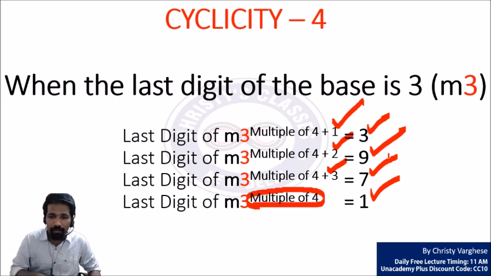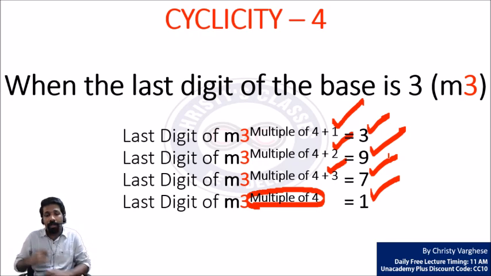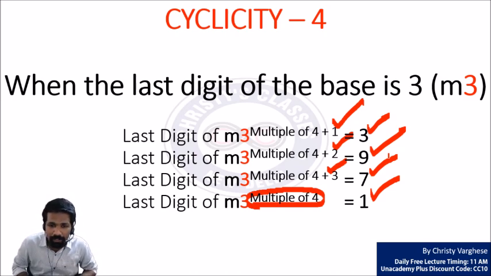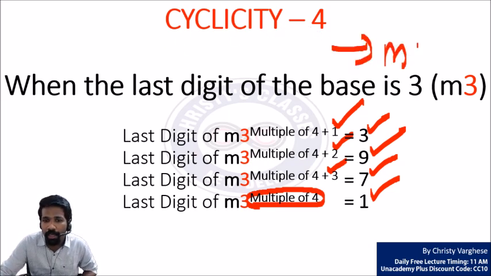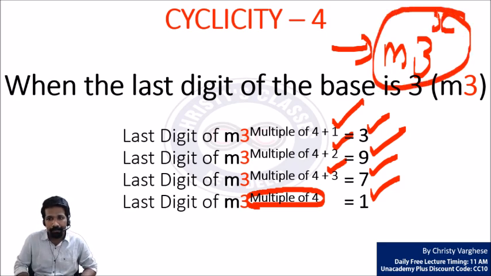Remainder 2 when divided by 4 is same as multiple of 4 plus 2. Remainder 3 when divided by 4 is same as multiple of 4 plus 3. Remainder 0 is called multiple of 4. So you understood cyclicity for the case of 3 raised to X kind of numbers.